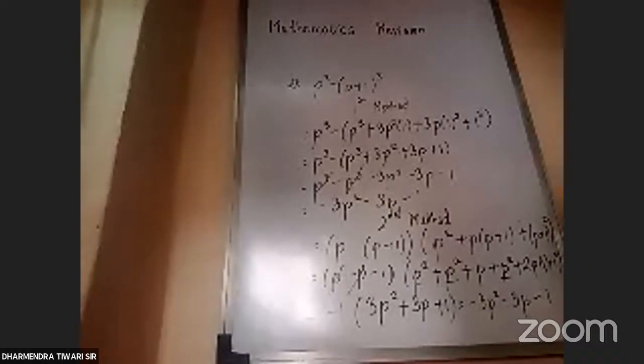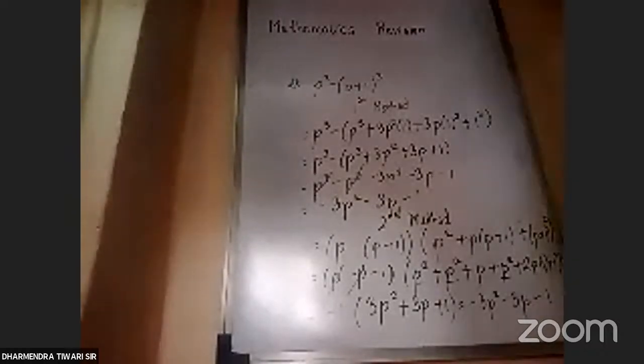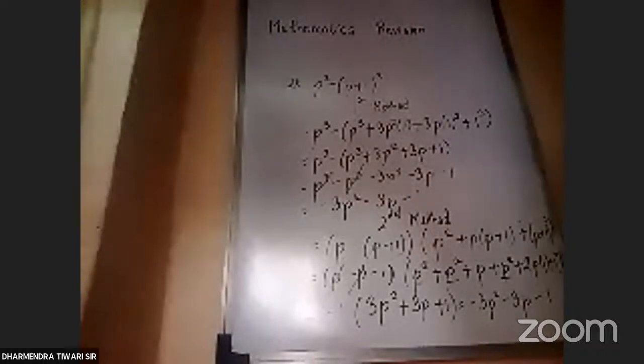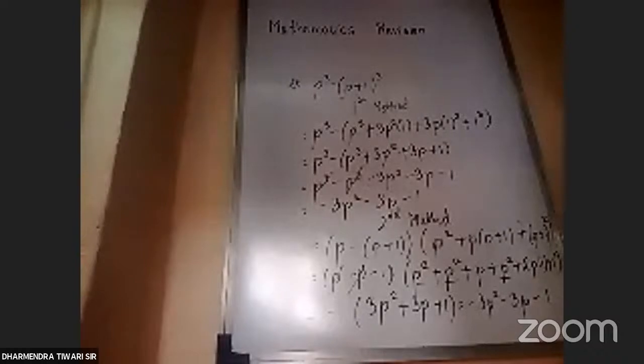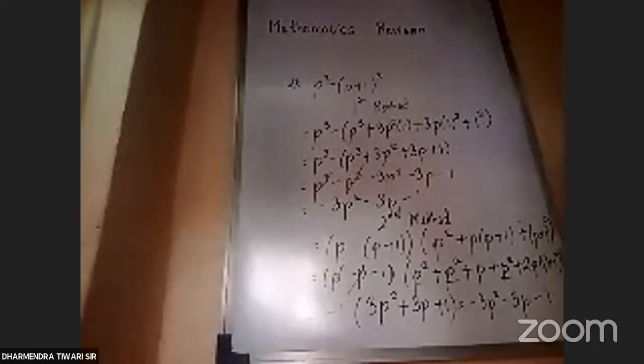First, we'll be taking simple examples so that you can understand. After that, a bit more difficult ones, we can get through that type of problem. Let's start with that.